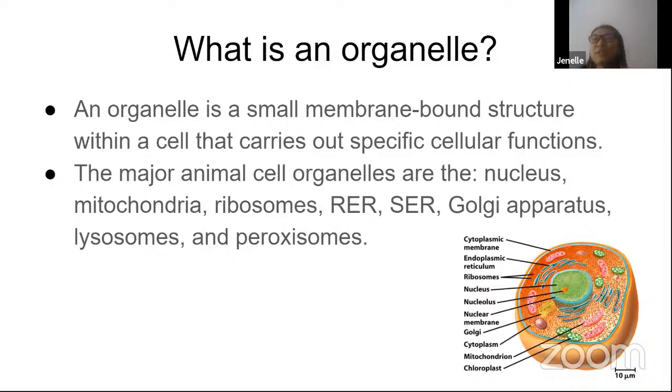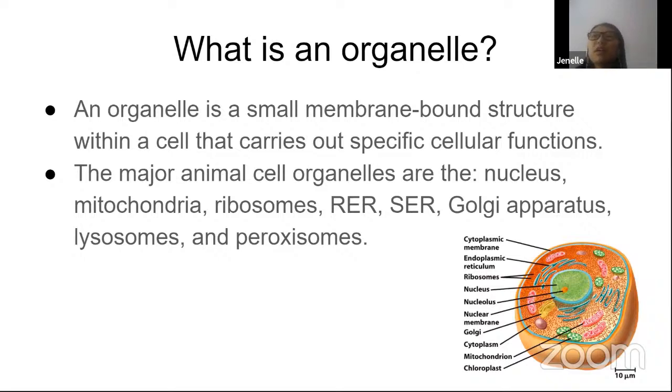So the different areas. The major animal cell organelles that we will be going over today are the nucleus, the mitochondria, the rough ER, the smooth ER, the Golgi apparatus, lysosomes, and peroxisomes.